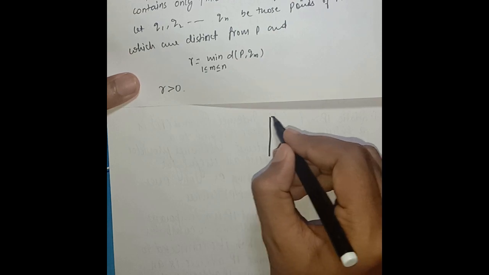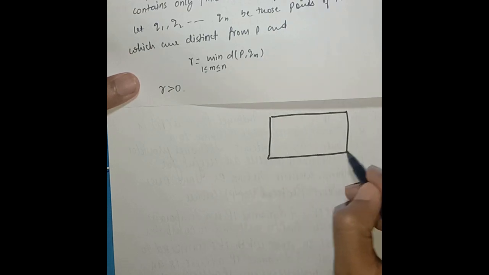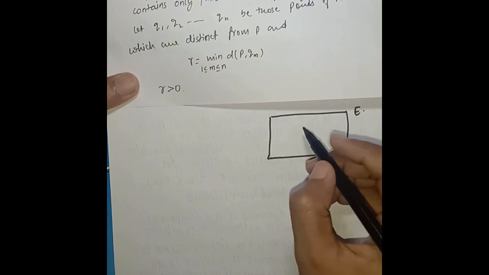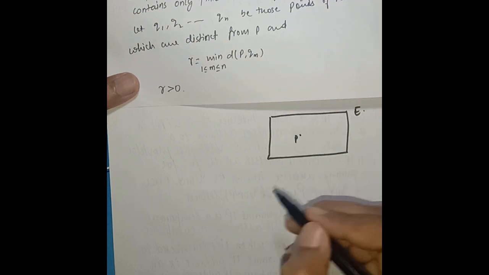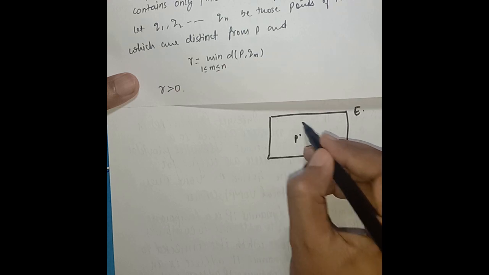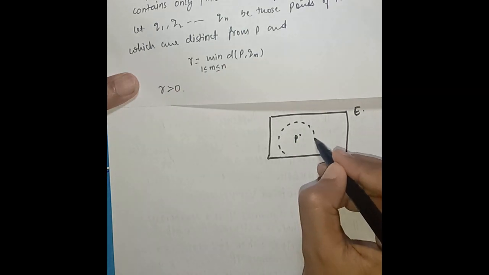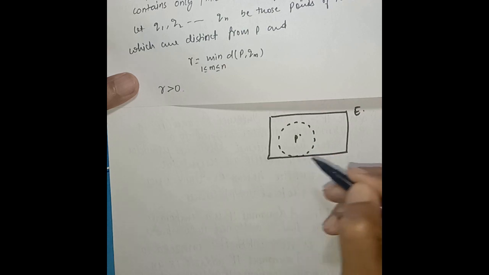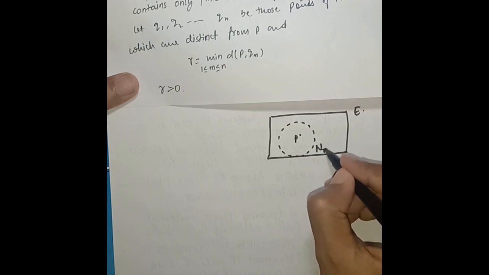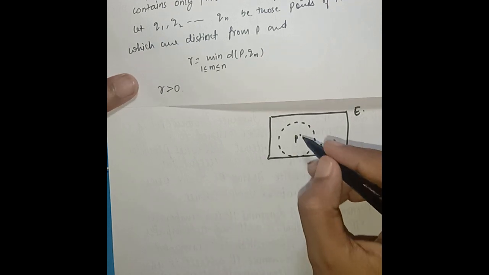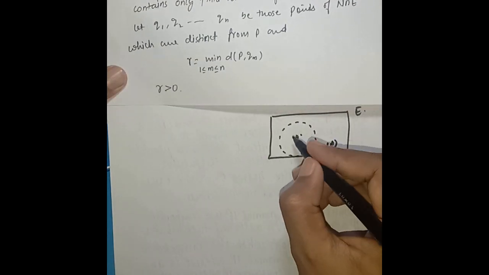Suppose this is a set E and we have a point P, and this is the neighborhood N_r(P), and this neighborhood contains a finite number of points.